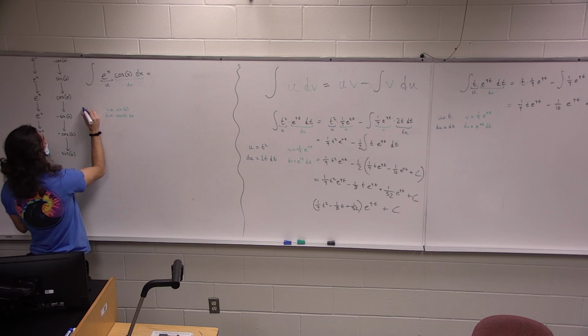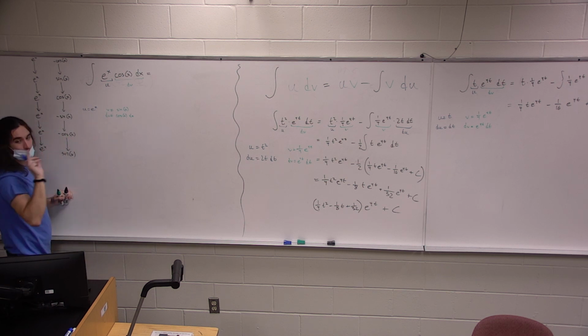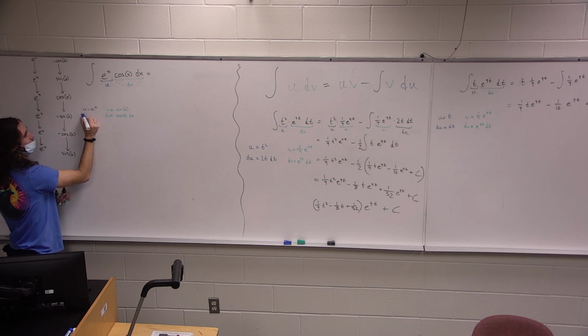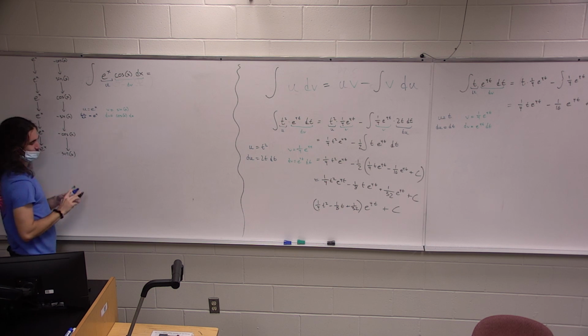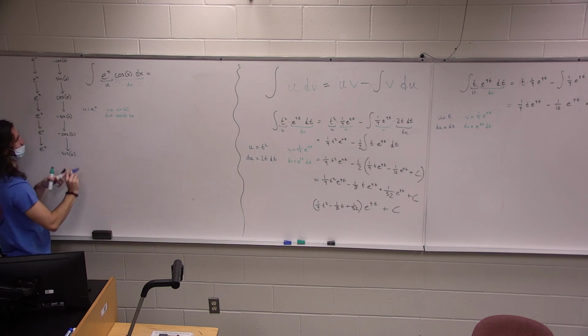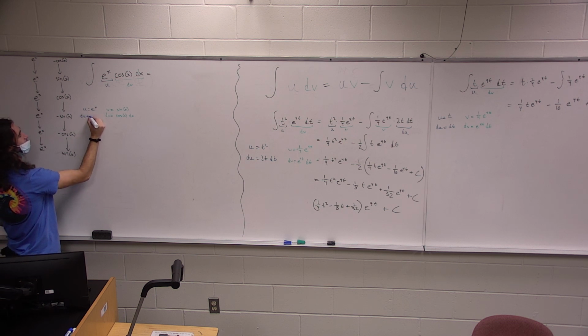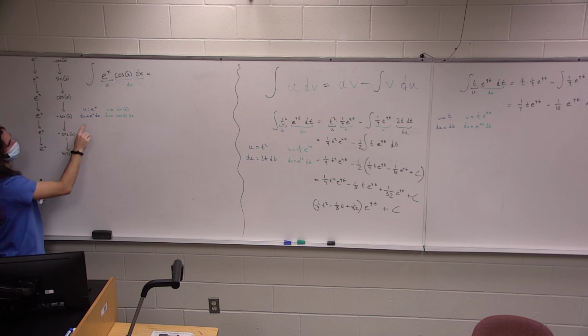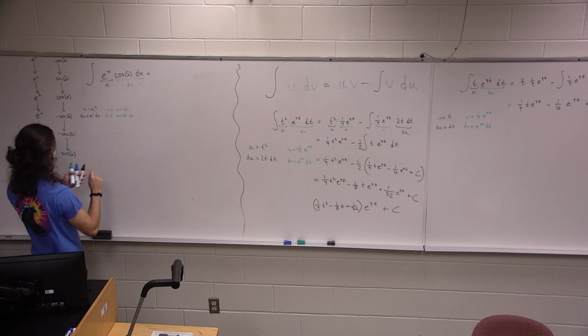And if u is e to the x, that means du/dx is e to the x, but in this context, we express that in this slightly different way: du equals e to the x dx. Right? So now we can make the swap.